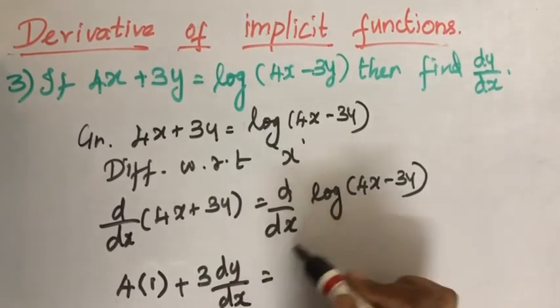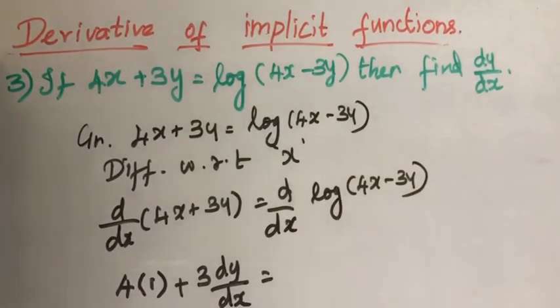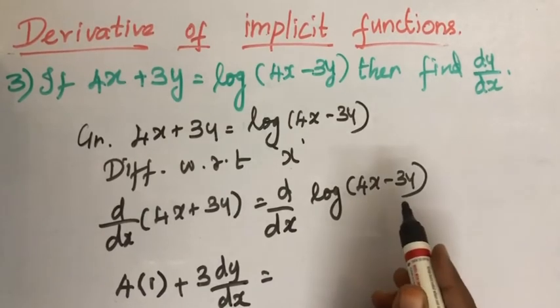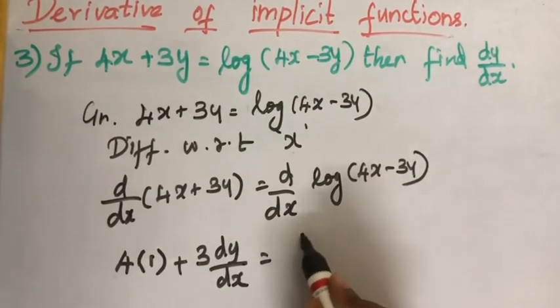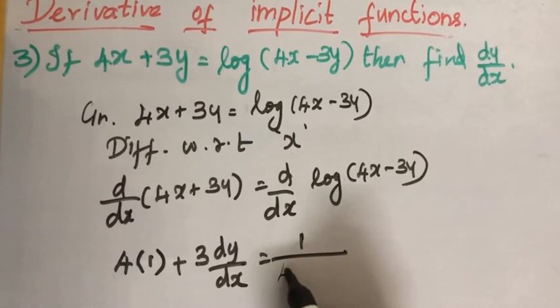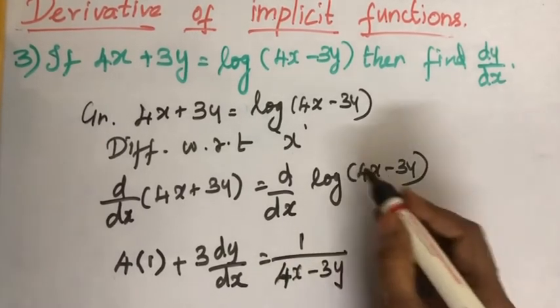Here, what is log x differentiation? Log x is equal to 1 by x. So here 1 divided by (4x minus 3y). Now we have to differentiate this also.